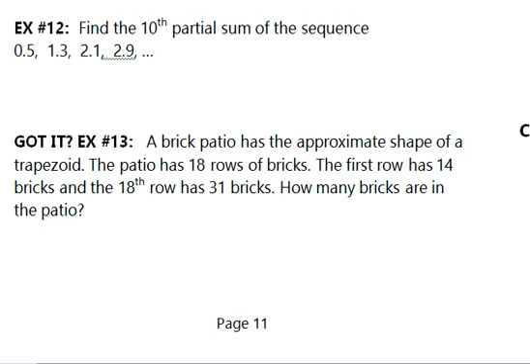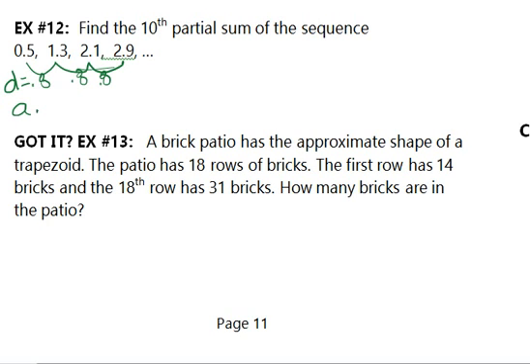So here we are asked the same thing, except now I'm using decimals. And the first thing I'm going to do is see what that common difference is. In this case, I am adding 0.8 to every single term, so my d equals 0.8.